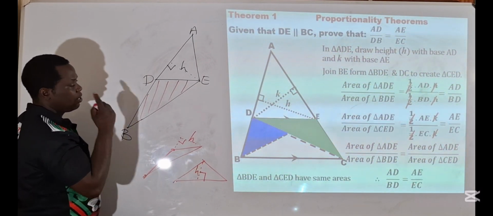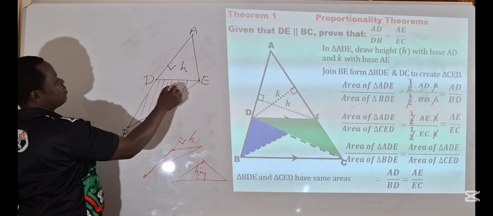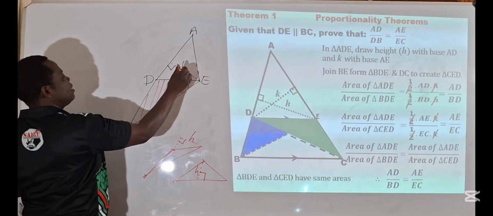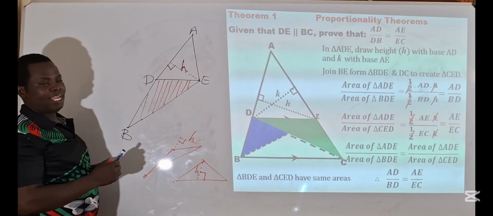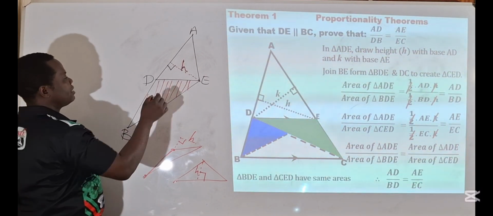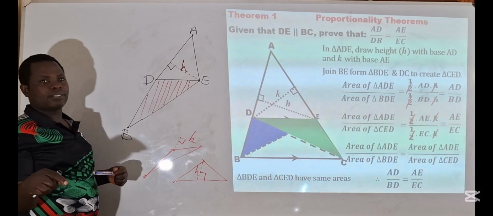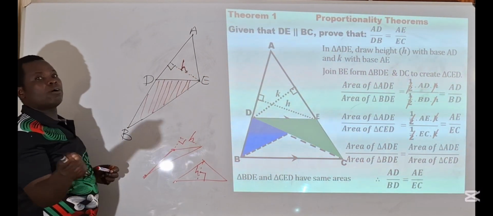This will be H. So what is happening here is that we have this triangle, which is an obtuse angle triangle. Therefore, the height of the triangle is outside here. That is H. At the same time, triangle ABD is acute angled, so the height of the triangle is inside, which is also H.